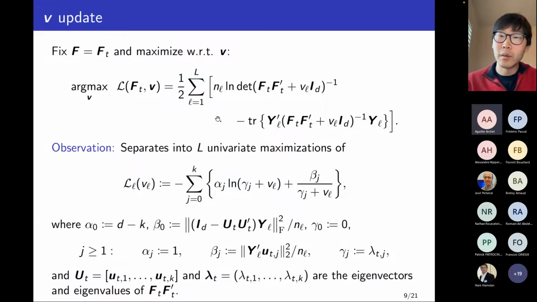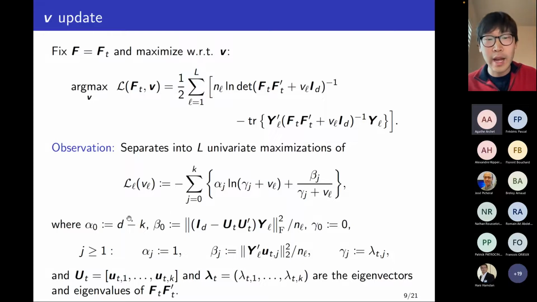And then if you look at one single block and do some algebra, it turns out that you can write this in this form: sum over J of some coefficient alpha times the natural log of some other term, plus VL plus a 1 over V kind of term, okay?